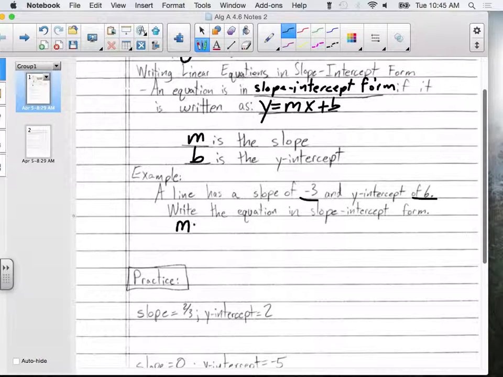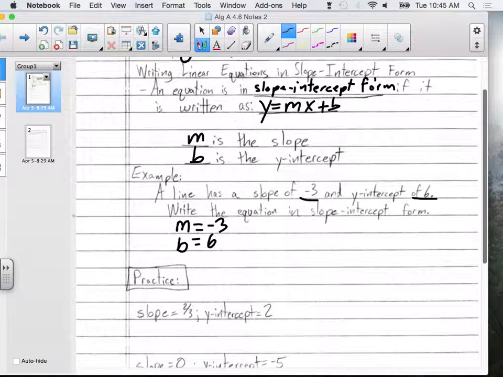Slope, and it says right there it's -3. Then we have to also identify our b, which is our y-intercept. So what would that be? 6, because right there they tell us it is 6, right?